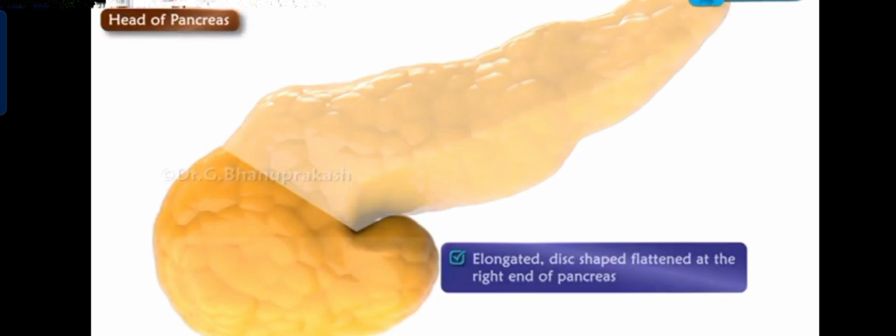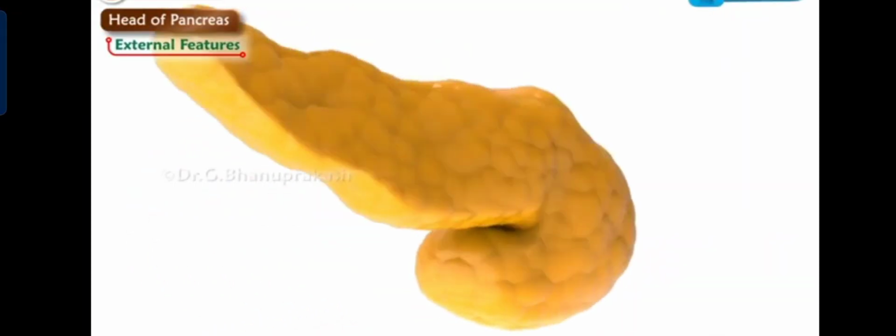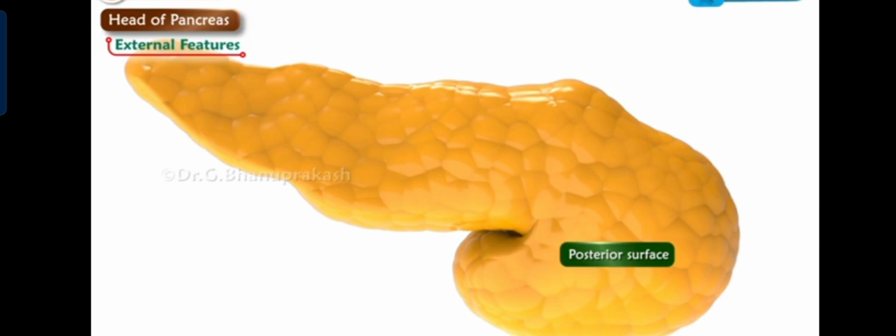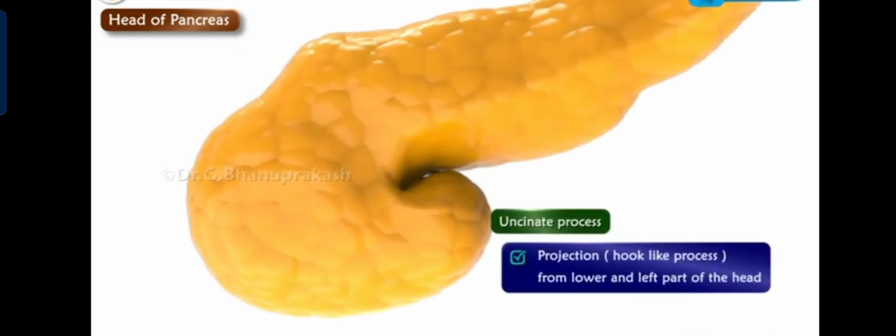Also it has 2 surfaces, the anterior surface and the posterior surface. So it has 3 borders, 2 surfaces, as well as a process known as the uncinate process. It is a hook-like projection from the lower and left part of the head.